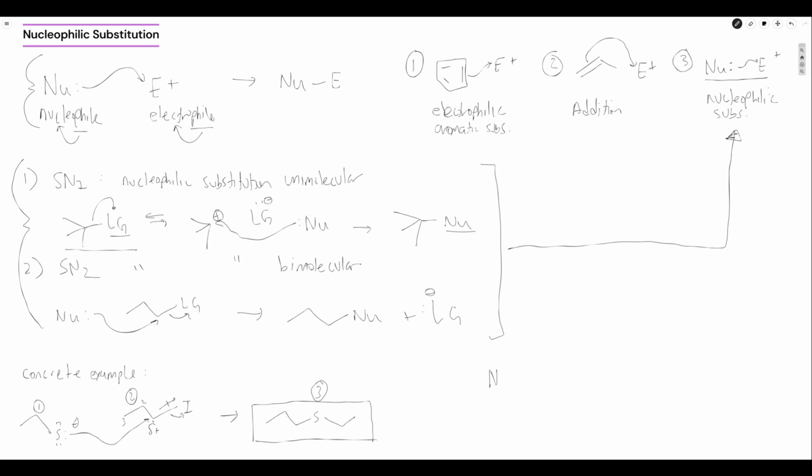One last thing to mention is that among the nucleophiles that we're going to encounter, you can imagine this. You can imagine water, of course.